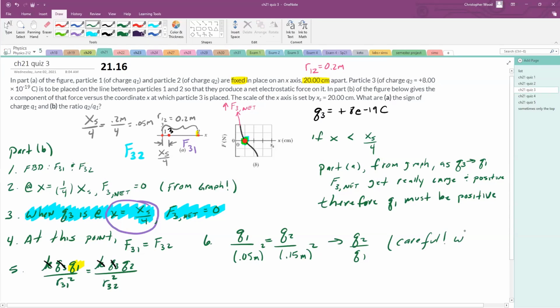What's the sign of Q2? What's the polarity of Q2? We know the polarity of Q1 is positive because that was given. Or no, we figured that out. We figured Q1 is positive. Q3 is positive. Is Q2 positive or negative?